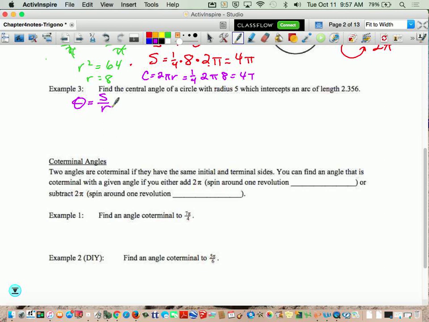So the central angle of theta, so now I can just plug in 2.356 divided by 5, and when you do this, you get 0.4712 radians. So if you wanted to leave it there, that's fine. That's 0.4712 radians. You could go ahead and convert to degrees, but we don't have to at this time.